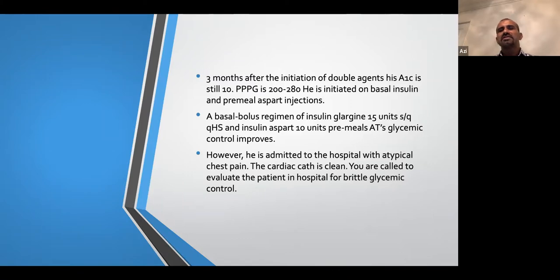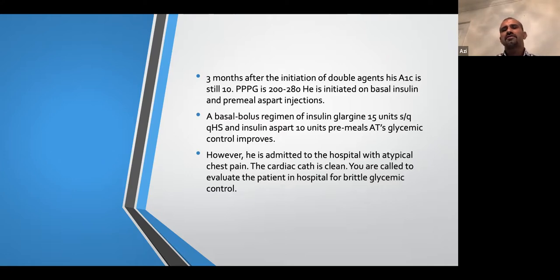So a basal bolus regimen of insulin glargine 15 units is started, and pre-meal insulin aspart as well, to control the patient's plasma glucose.